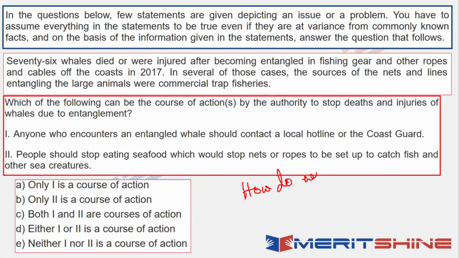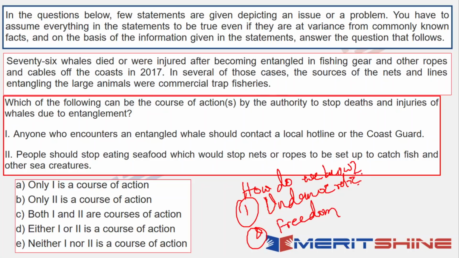First of all, always remember, any type of action, if it is undemocratic, if it is against freedom of human beings, then it is not taken to be a course of action until and unless the context of the problem is where it is necessary to have such a step. So, this is something that you should remember.